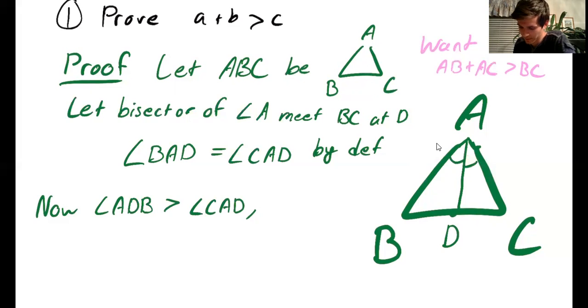So we know that angle ADB is going to be greater than angle CAD, which is this angle. And by the same thought, angle ADC is going to be greater than angle BAD.